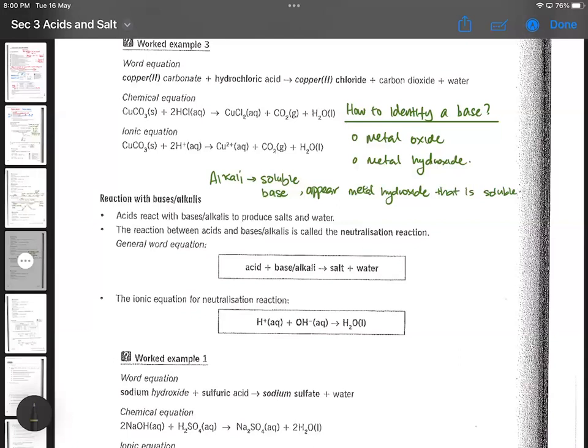I will show you an example of an alkali. I don't want to show you an example of a base because as long as a metal and oxygen are together, the metal oxide is already a base, regardless of solubility. Metal hydroxides are all bases also, regardless of solubility. But the special category of alkali, they have to be soluble in water. Soluble hydroxides are your alkalis.